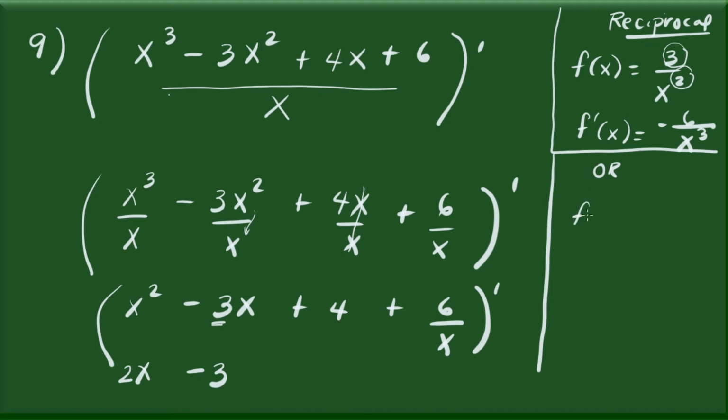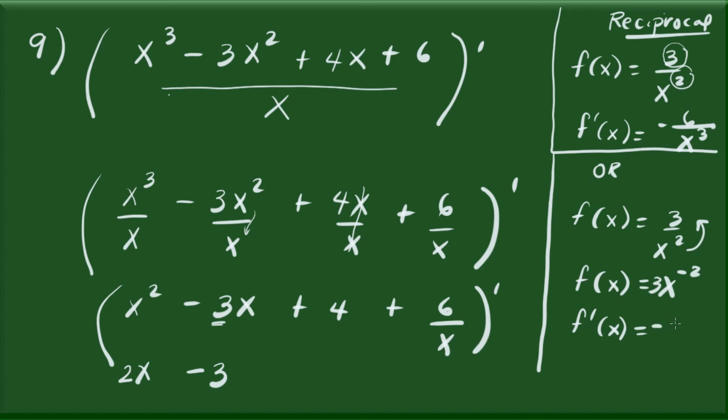Okay, so let me show you the long way to do that. The long way is you rename the 3 over x squared first by using the property of exponent, in which you can move this x squared on top, but make sure you switch the sign. And then you can go ahead and use the power rule, which is negative 6, x now raised to negative 3.